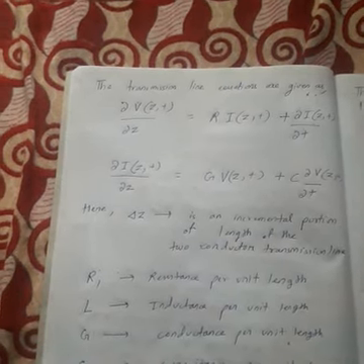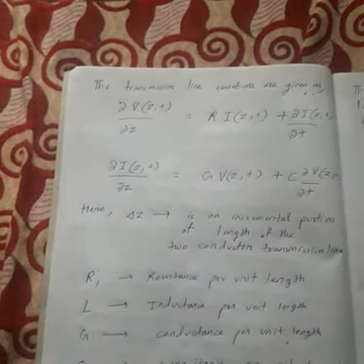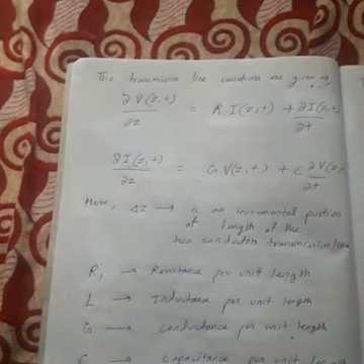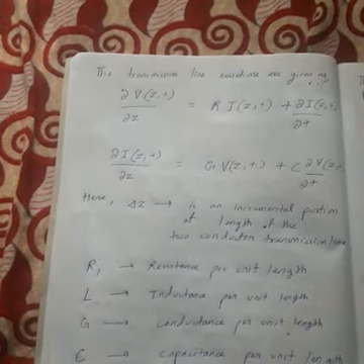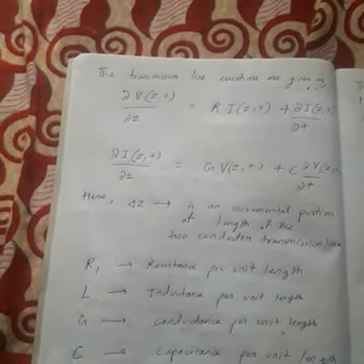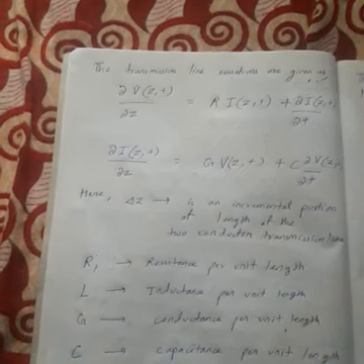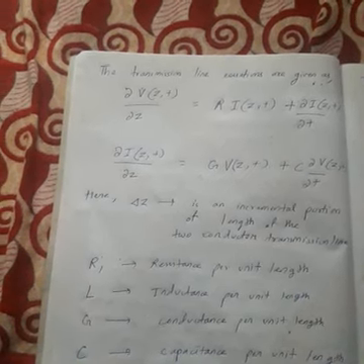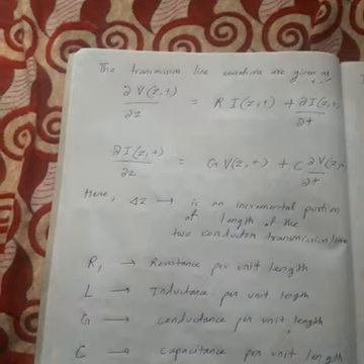Now if you consider the equations, they are similar to the wave equations. These equations are in the form of wave equations, because we are considering the signals to be in the form of waves. So these equations are the wave equations. The solution of the wave equation is in a format you already know.